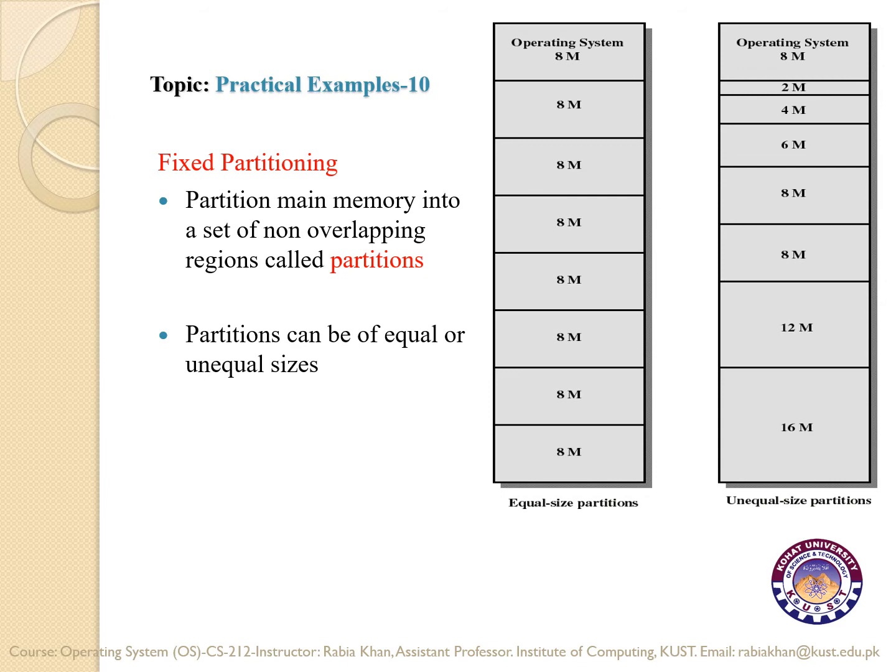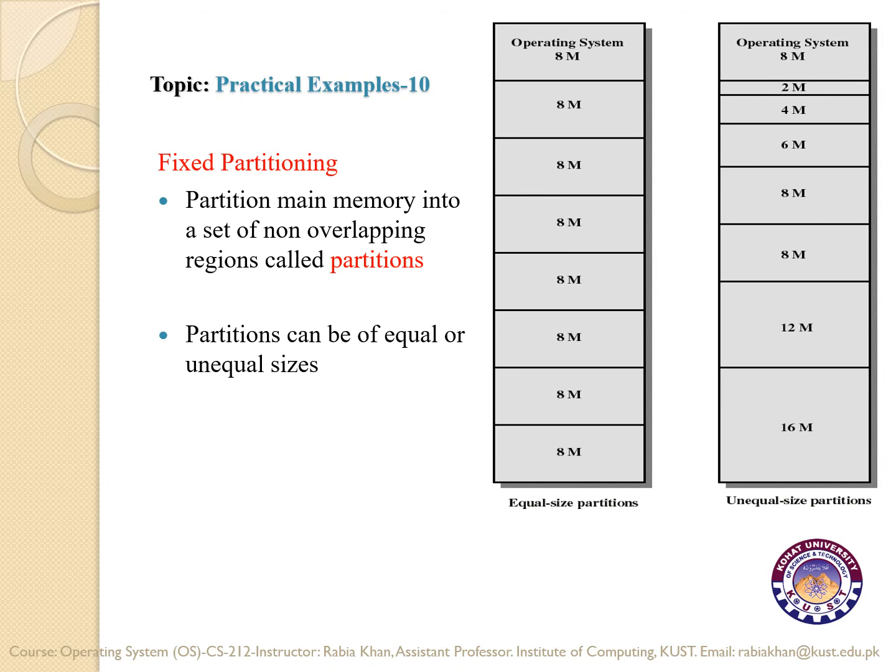If the RAM has been divided into a collection of non-overlapping regions, as the one shown in the image, such partitioning is known as fixed partitioning, since once they are created, they are now fixed and cannot be changed.